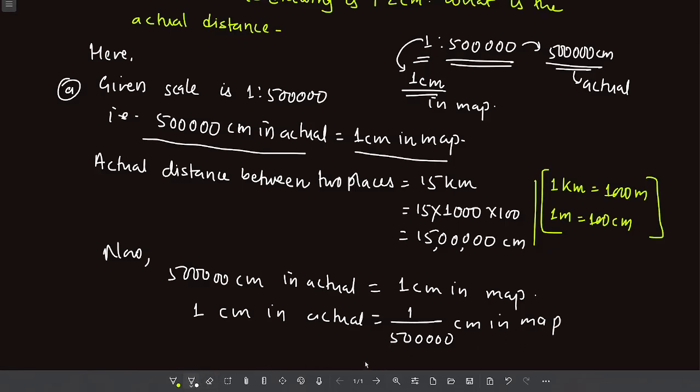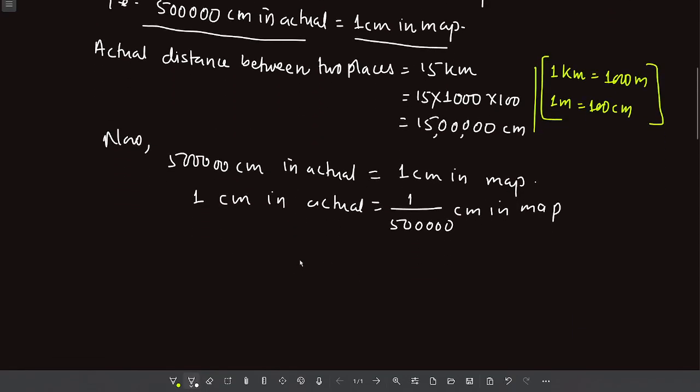1 over 5 lakh centimeter in map. Now we need to find out the distance or length in map for 15 lakh centimeter, because it is the actual distance between any two places.